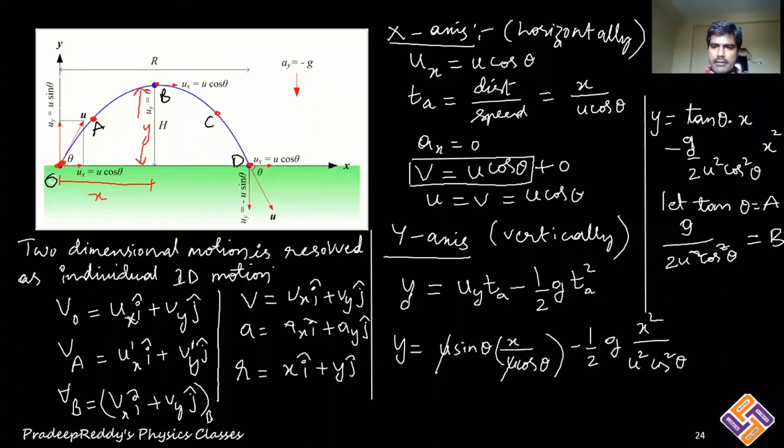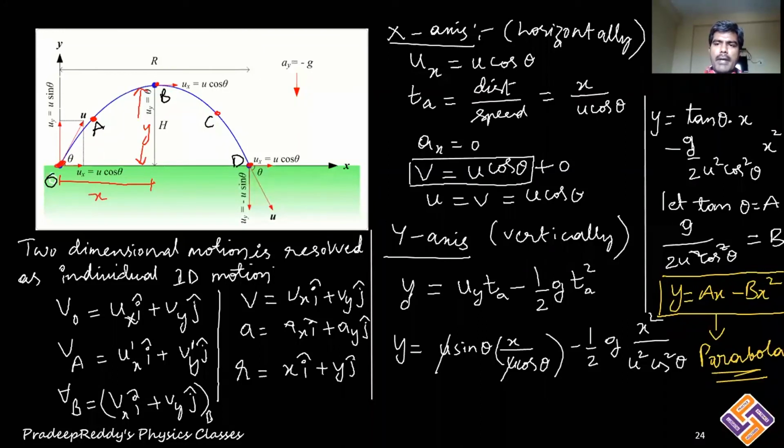You can write it as y is equal to ax minus bx square. And this is the final expression for the motion or path of the body which is traveling as a projectile. And this is the equation for a parabola.